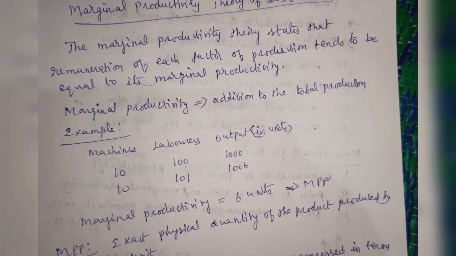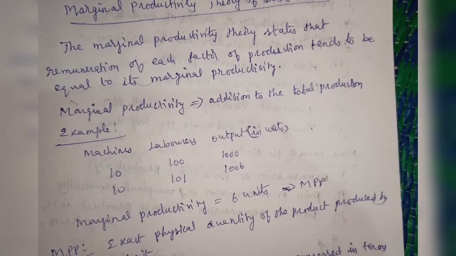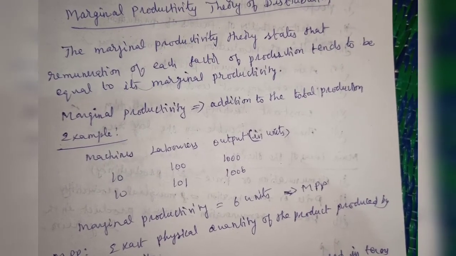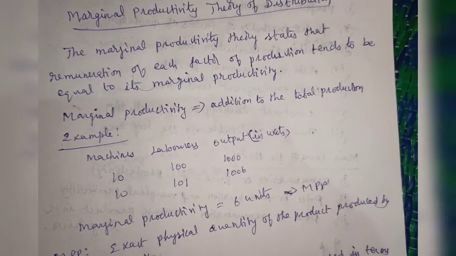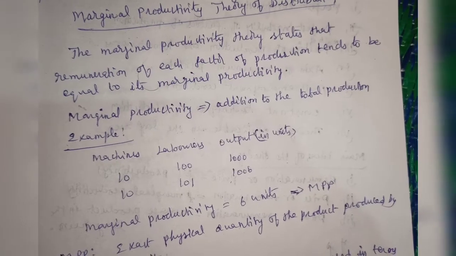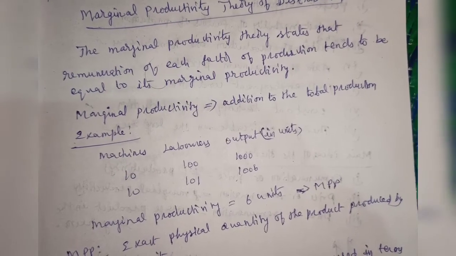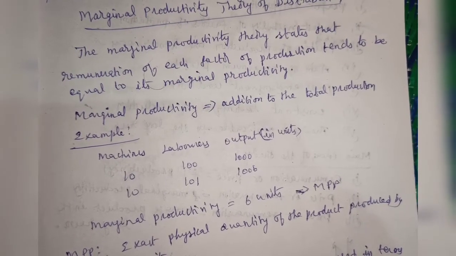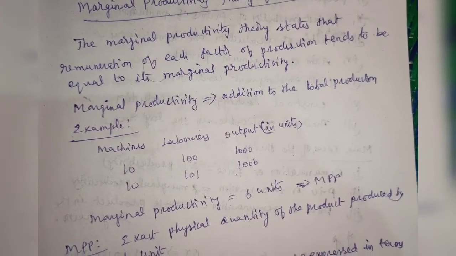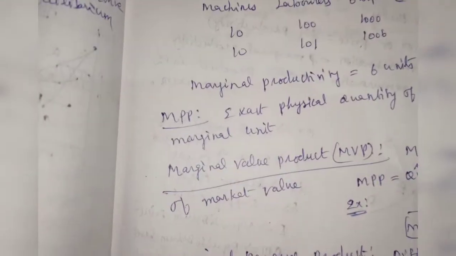So the difference between 1006 and 1000 is 6 units. These 6 units may be termed the marginal physical product. The marginal physical product can be defined as the exact physical quantity of the product produced by the marginal unit.